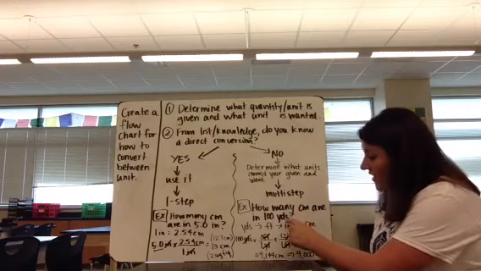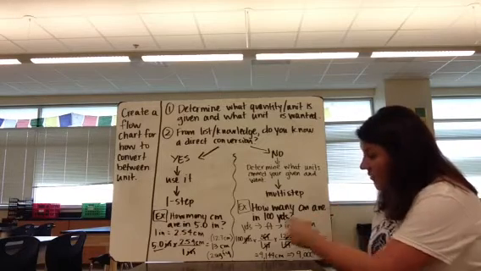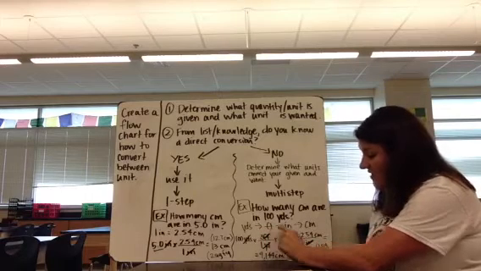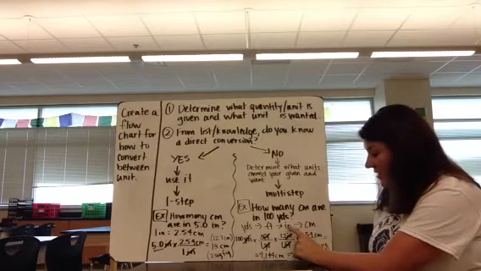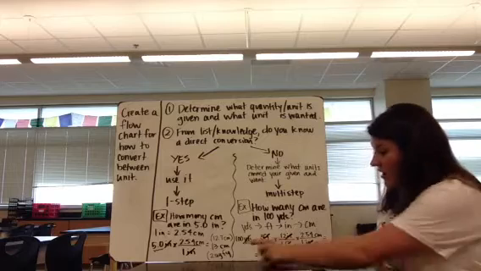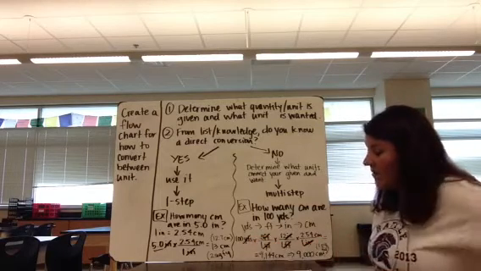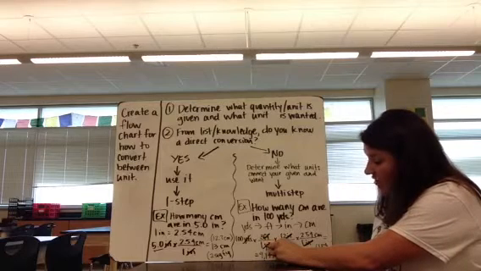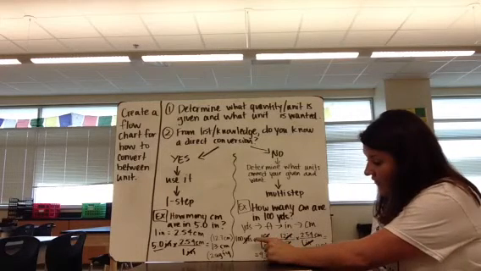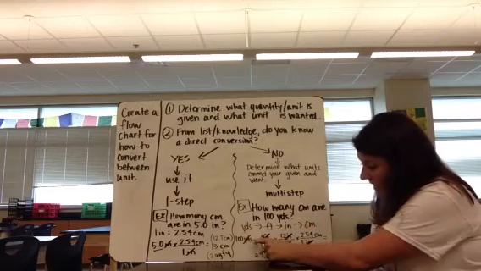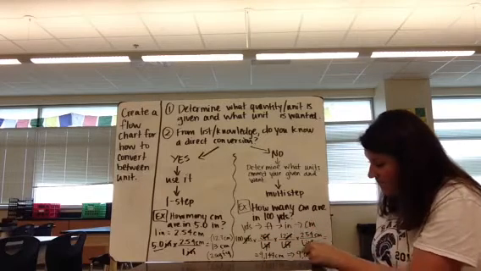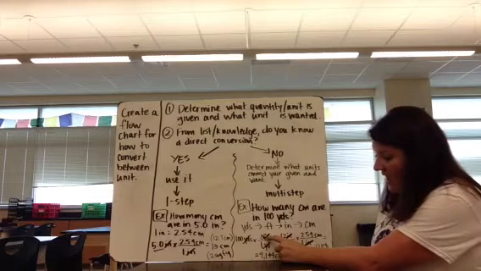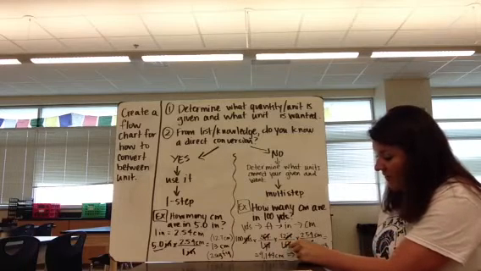So I don't know a direct conversion between yards and centimeters, but I do know that I can convert yards to feet, and I can convert feet to inches, and therefore I can convert inches to centimeters. So, again, I always write down what I'm given. I'm given 100 yards, okay? And for every 1 yard, there are 3 feet, so my yards cancel here in my first step. Next, now I'm given feet, so I need to get rid of feet, so I'm going to put feet on the bottom.